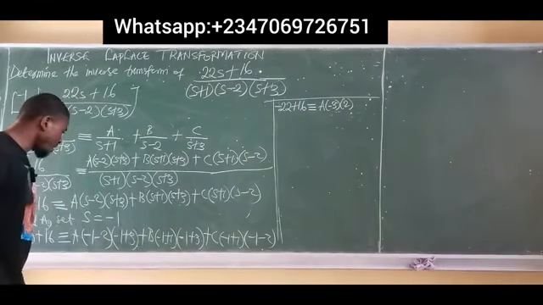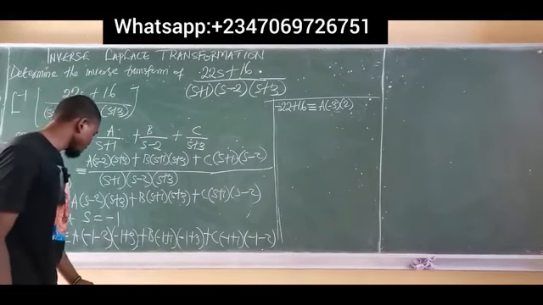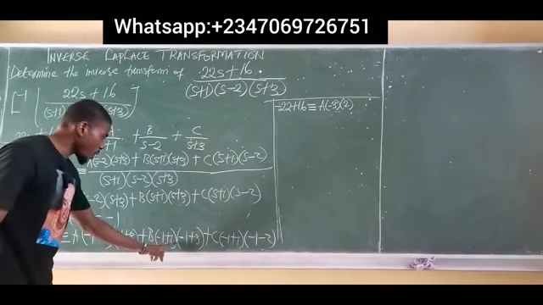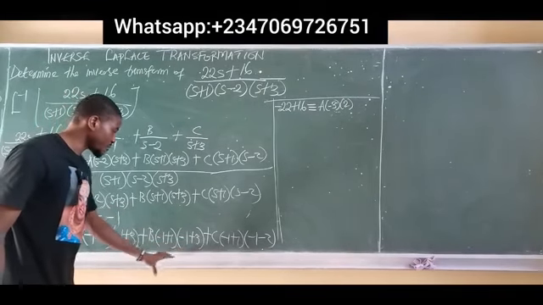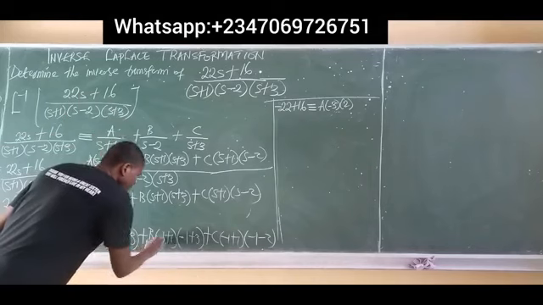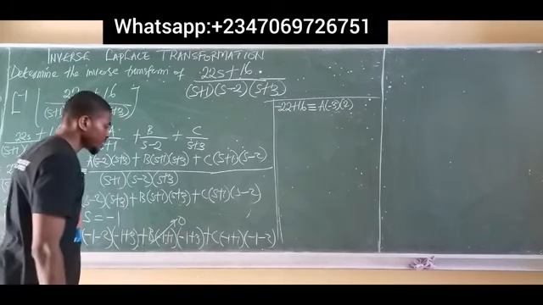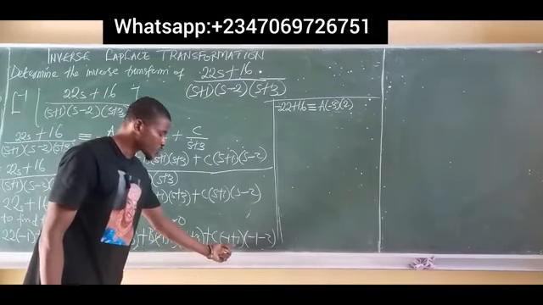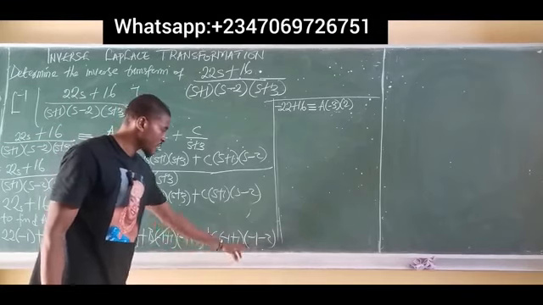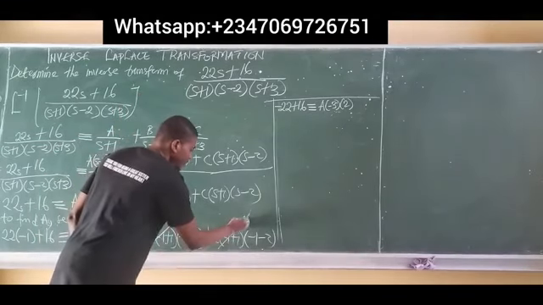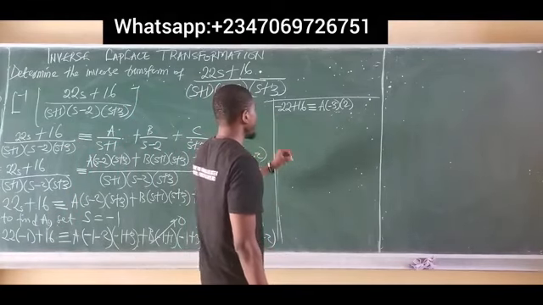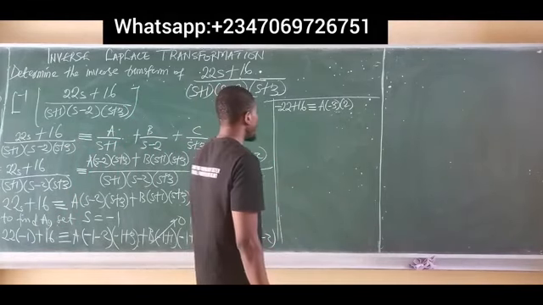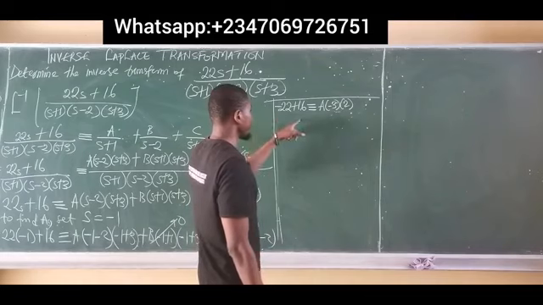Now over here I have minus 1 plus 1 is 0, and 0 times minus 1 plus 3 becomes 0 times B. Automatically everything here becomes 0. Same thing here, minus 1 plus 1 is also 0. 0 times everything here, automatically everything here becomes 0. So I'm simply left with minus 22 plus 16.